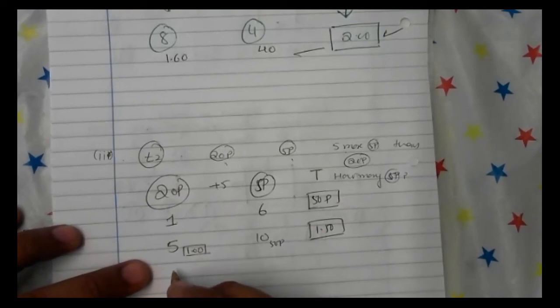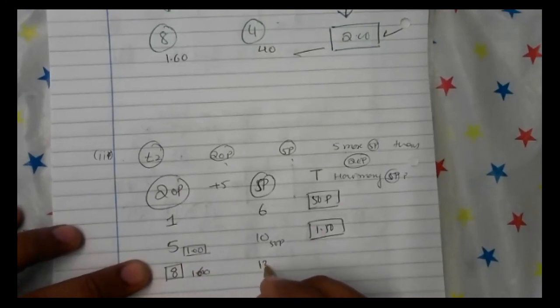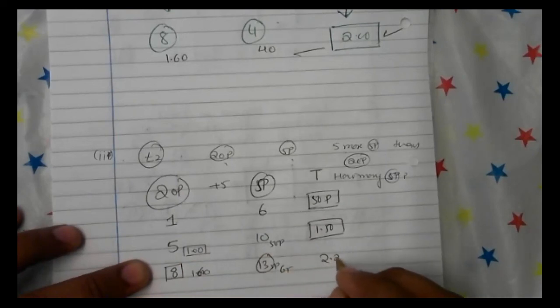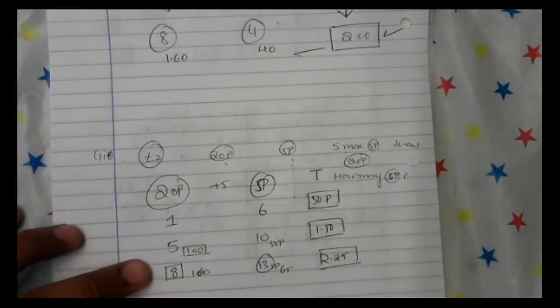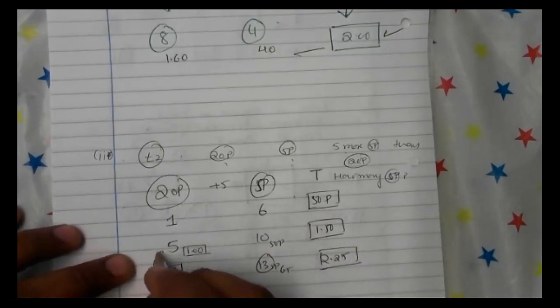So if I have, let's say, 8 20p coins, that's £1.60, and 8 plus 5, 13 5p coins, that is 65p, and that gives me £2.25. I've actually crossed it. People, what I know for sure now is my 20p coins are between 5 and 8.